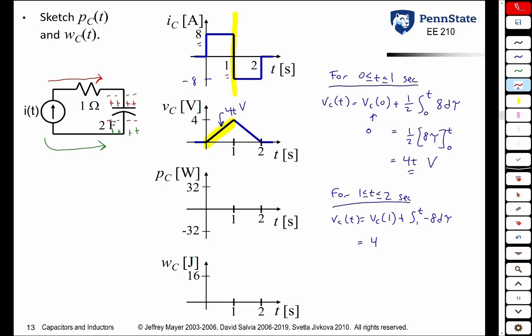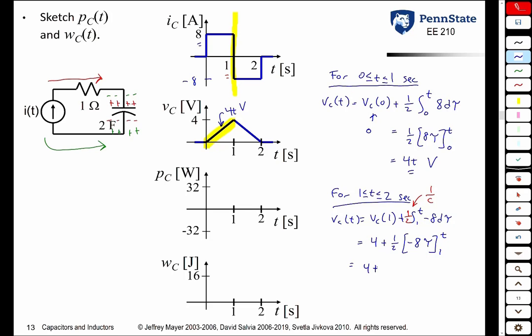We need the 1/2 because remember it's 1 over c. So we forgot that 1/2, put that there. So we get 4 volts plus 1/2 the integral of -8, which is -8 tau. We want to evaluate that at the upper limit of t and the lower limit of 1.